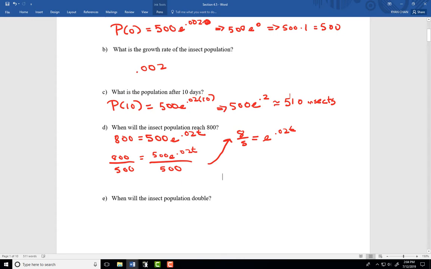I could take the log of both sides, which is fine, but it's a lot easier to use natural log. If I take the natural log of both sides, I don't need to worry about bringing the exponent down, because my e cancels my natural log. So I'm left with this.